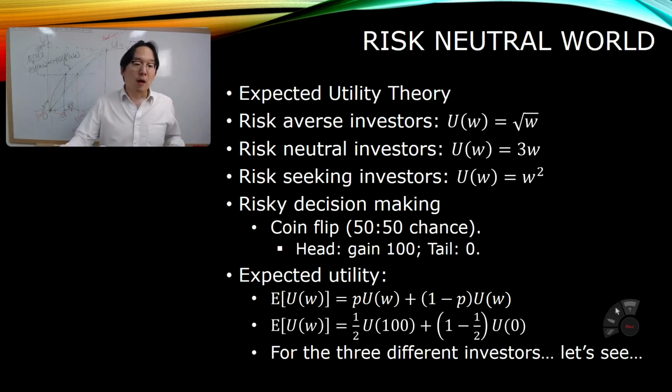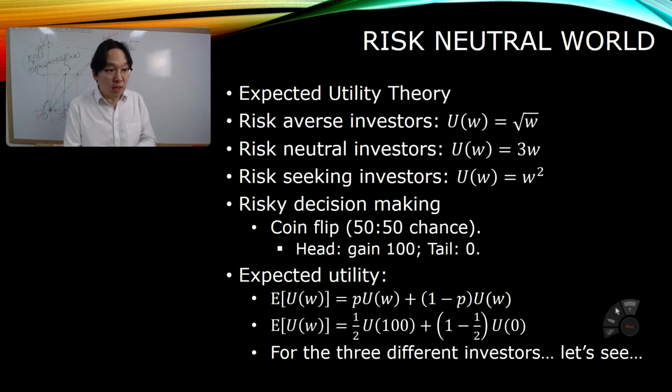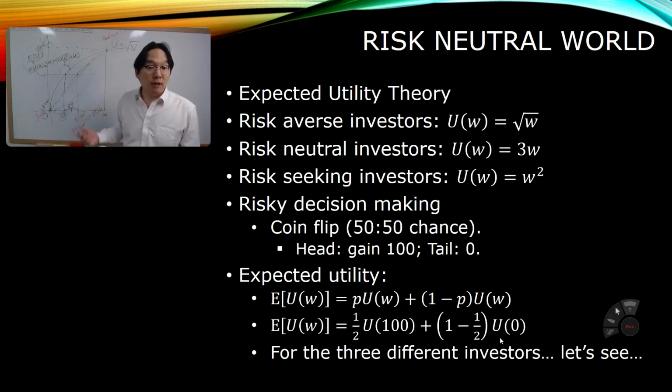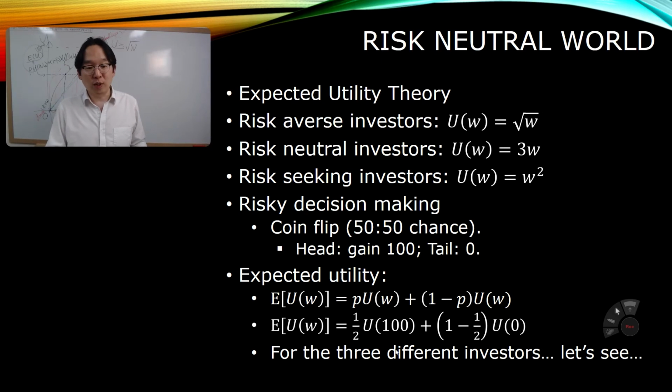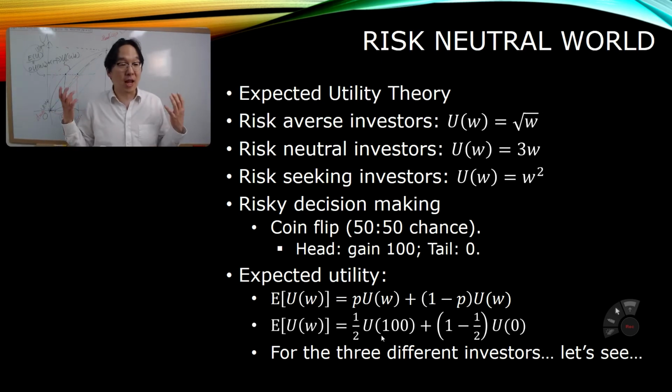And given that this is a coin flip, it has to be half and half. Now, you see the utility of 100 times half plus the other half times the utility when it is 0. Now, thankfully, due to the simplicity of this utility function, you realize that the utility that you get in the tail state would be 0 all the way down. What matters over here would be the head state, right?